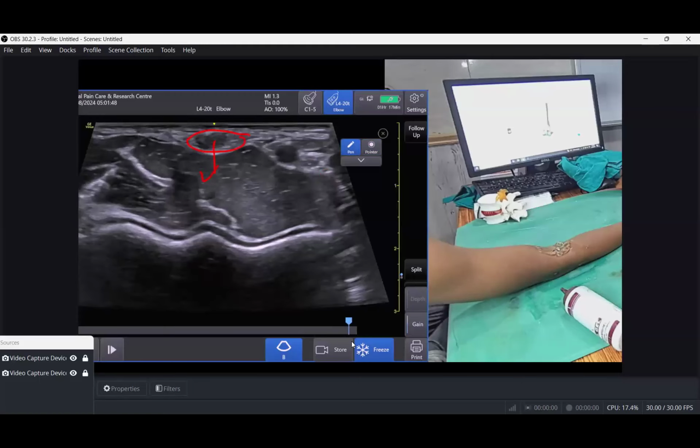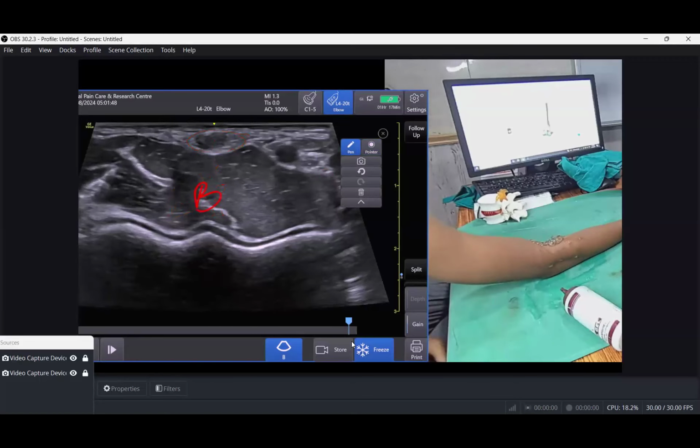Below the biceps tendon is the brachialis muscle. This one is the brachialis muscle, and this one is the biceps tendon. Got it, sir.